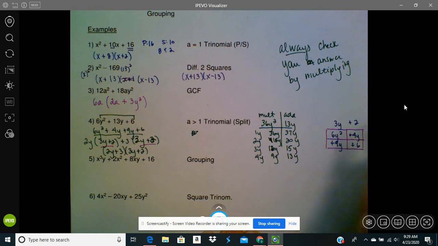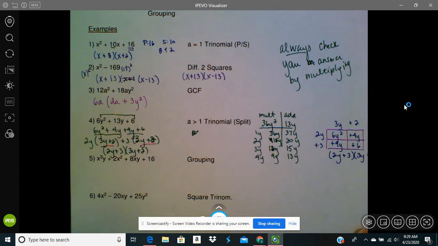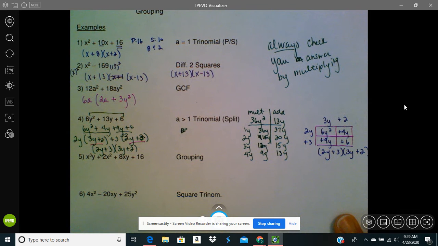The greatest common factor in this column is 2y. Oh, this row, I apologize. The greatest common factor in this row is 3. So this factors to 2y plus 3 times 3y plus 2. Oh my goodness. All right, so there we are. Maybe I've redeemed myself. I don't know.